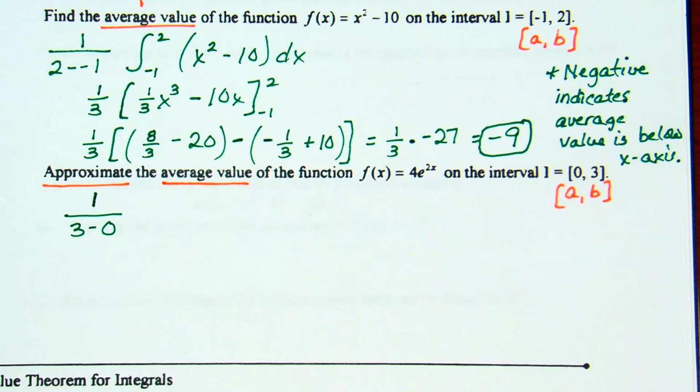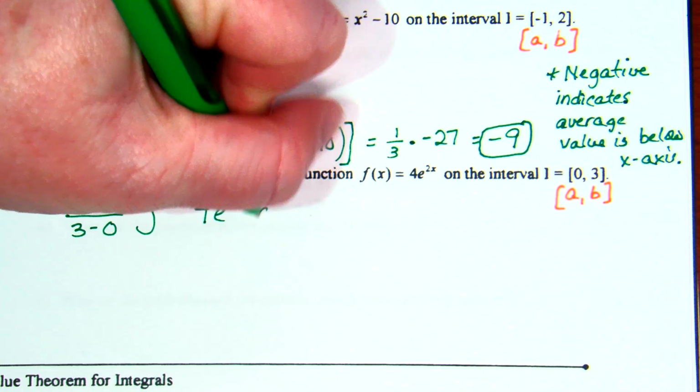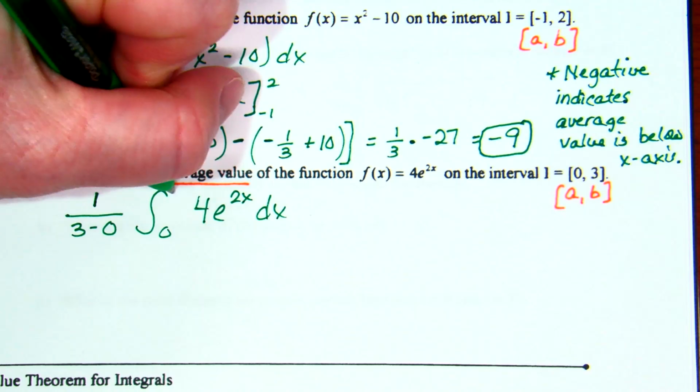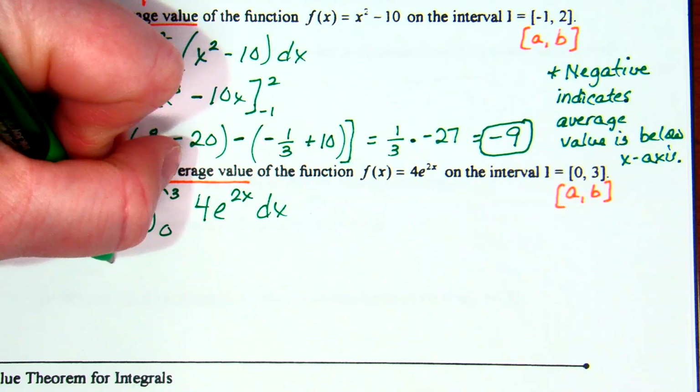1 over B minus A. So, I'm going to write it out as 1 over 3 minus 0, but that's just because I'm setting it up. Times the integral of 4e to the 2x dx from 0 to 3.